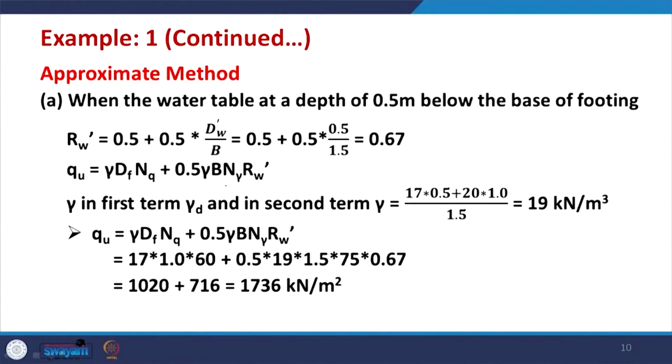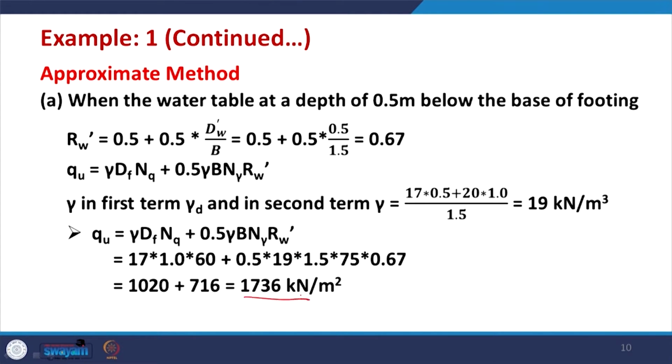For example, the water table in this case was 0.5 meter below the base of the footing. Up to there you have the dry unit weight, so 17 into 0.5, plus the saturated unit weight, 20 into 1.5. So this gamma needs to be used, 19 in this case.